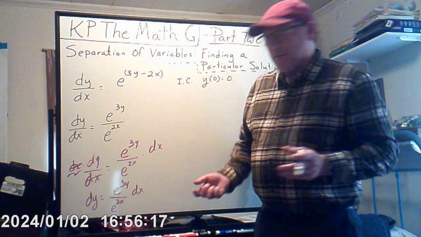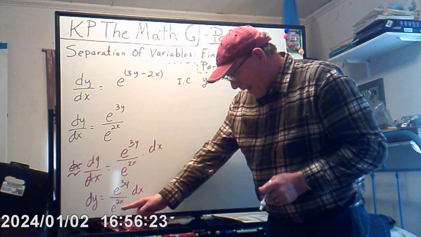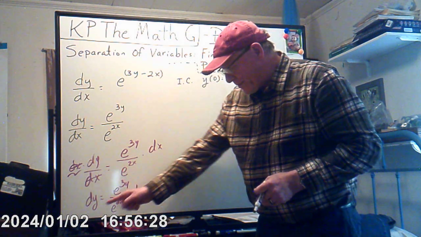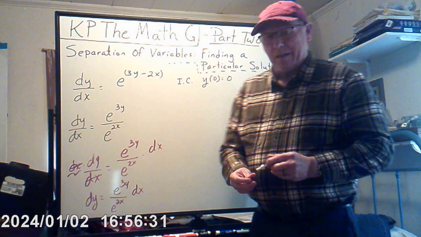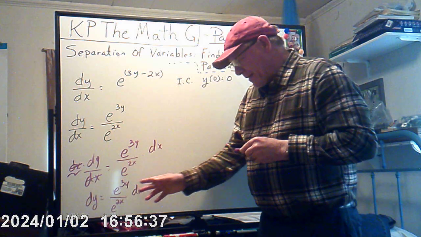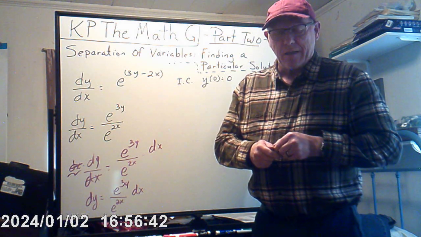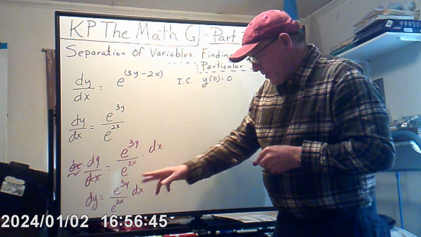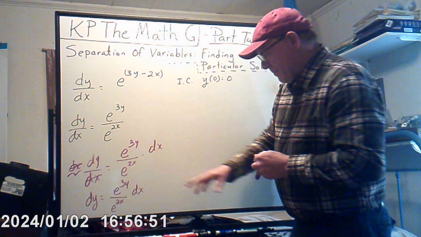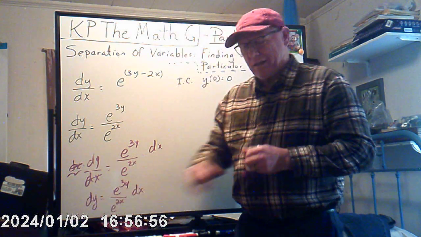Well, I still have a problem because I've got a y with the dx, don't I? I got my e to the 2x over here, where it needs to be. This needs to be over here. How can I get rid of that? That's in the numerator. So if I can somehow get this over here, I can work with it, right? If I multiply by 1 over e to the 3y, I can do that to both sides, can't I?